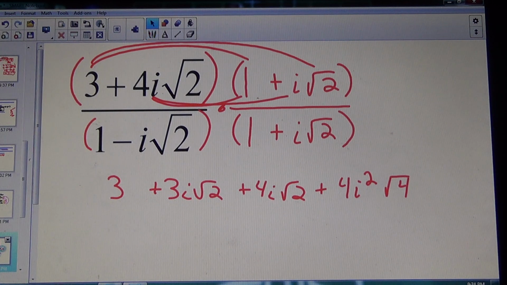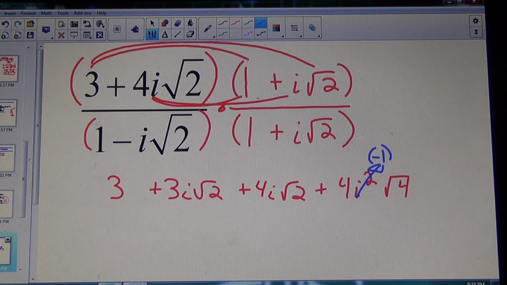Alright, well what things can I change here? Well, I know i squared turns into a negative 1. I know square root of 4 turns into 2. And I still have a 4 here that's positive. So what can I do with the 2, the 4, and the negative 1? Correct, I can multiply them, and that would give me a negative 8.